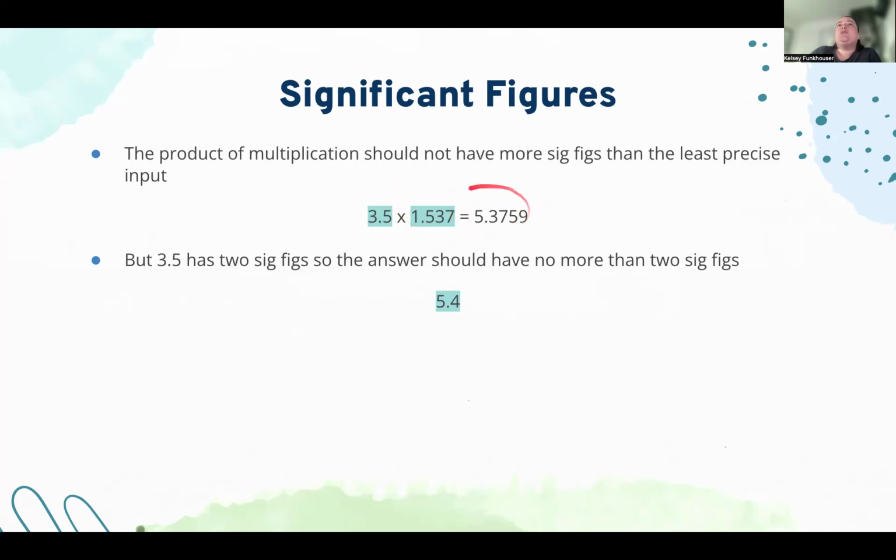So that means we need to round our answer down to 2 significant figures because that is the precision of our least precise input. So that means we go from 5.3759 to 5.4 in order to match our significant figures and not claim more precision than we actually have.